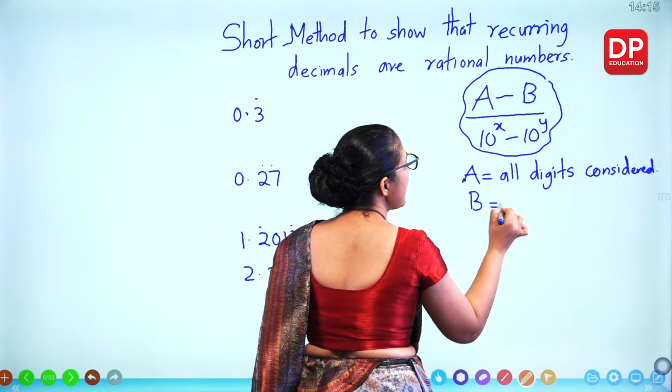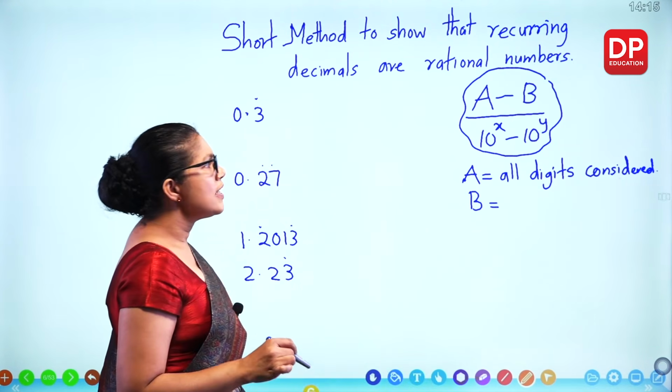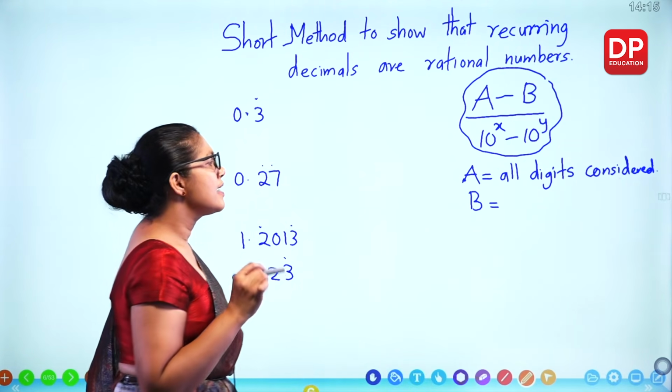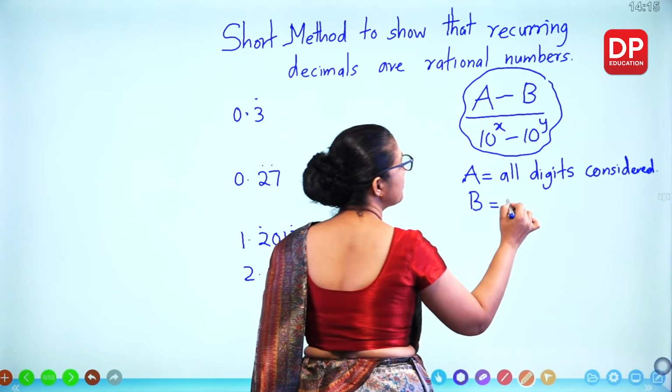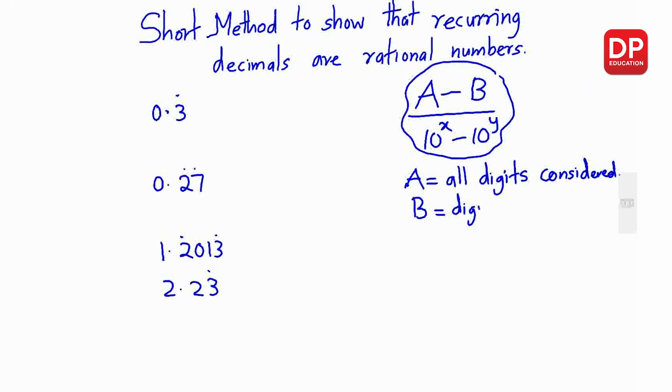B, I can write down digits up to the recurring decimal point.